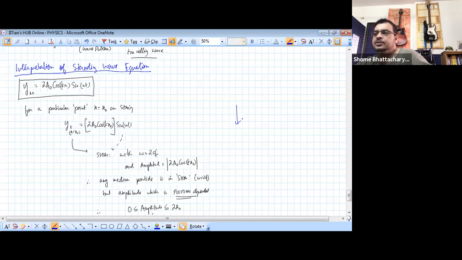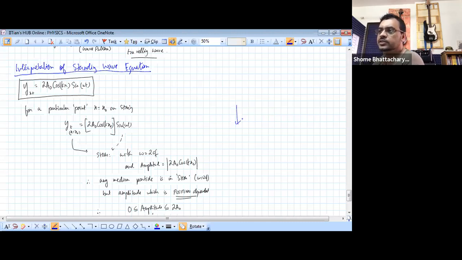But what is the amplitude of that SHM? For that, you look at what term is attached with sine omega t, and you see the term attached with sine omega t is actually x dependent, because it is 2a naught cos kx. So the magnitude of that term becomes the amplitude of the oscillation. So you're seeing that unlike a traveling wave, where the amplitude of all medium particles is the same, here we have different medium particles having different amplitudes.